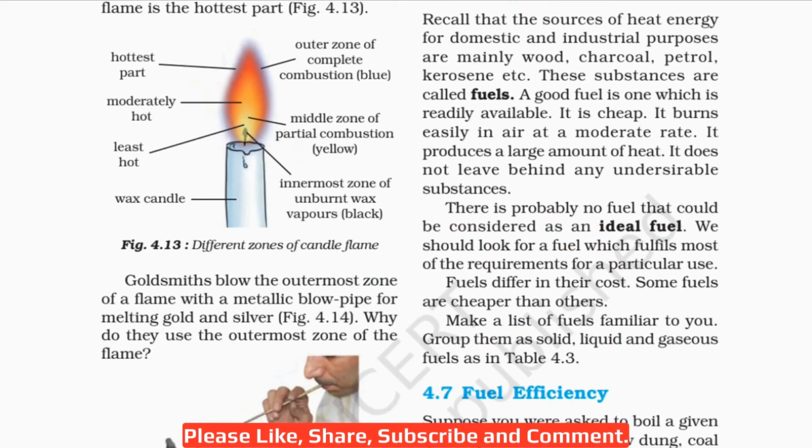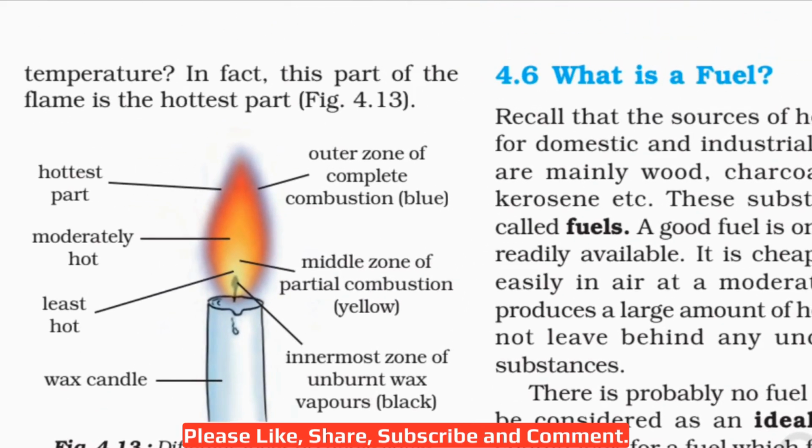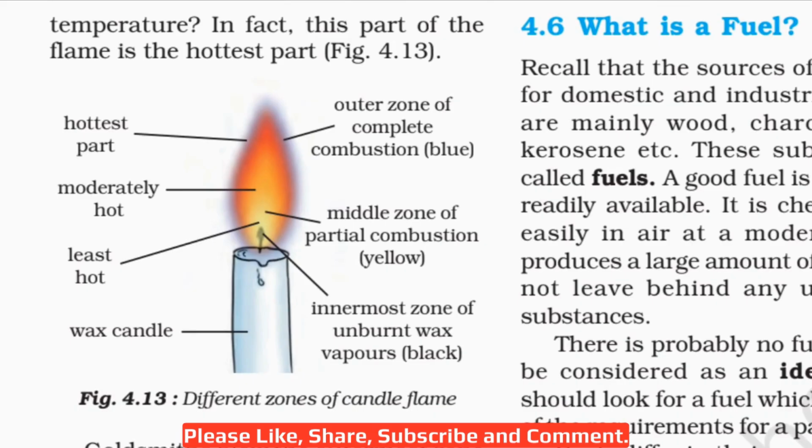Now let's understand the diagram of this candle very clearly. Just near the wick, this is the innermost zone of unburned wax vapors. Here the wax vapors are unburned, as there is no sufficient supply of oxygen, so they are not burned completely.